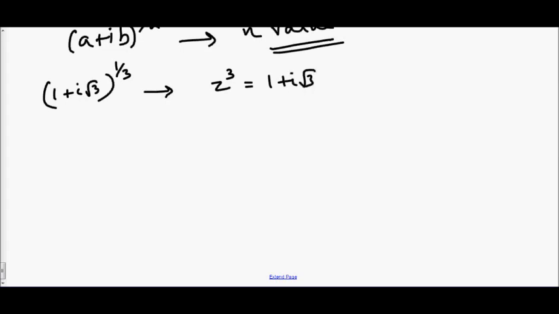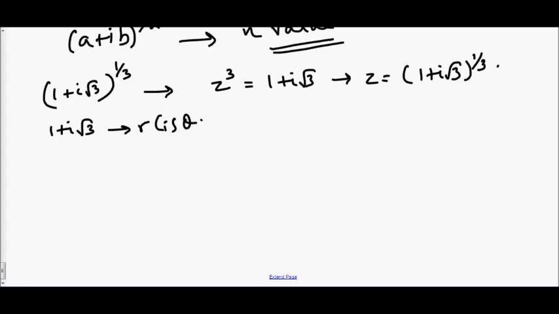You solve for z cubed equal to 1 plus i root 3, which means you are solving for z equal to (1 plus i root 3) to the power of 1 over 3. As I said, you need to convert 1 plus i root 3 to r cis theta first. Here r would be 2, as we did before, and theta we have seen is pi over 3, which is 60 degrees.